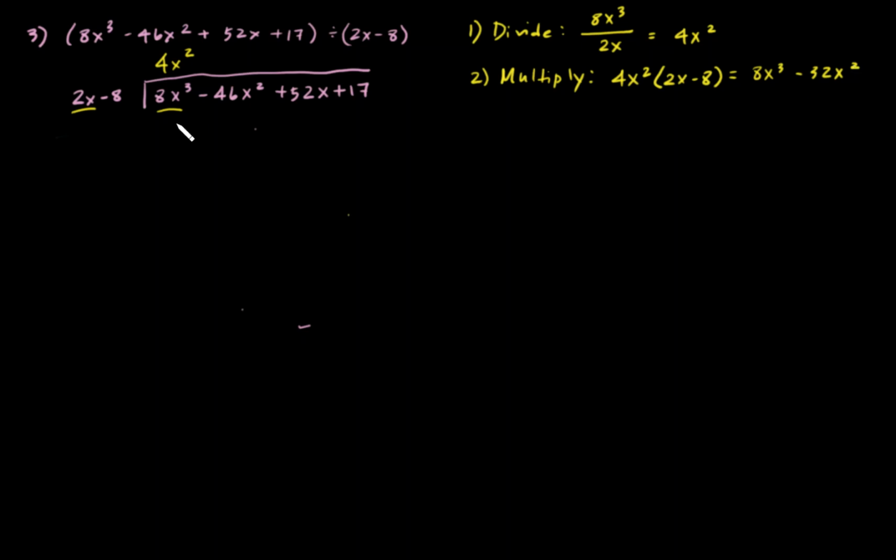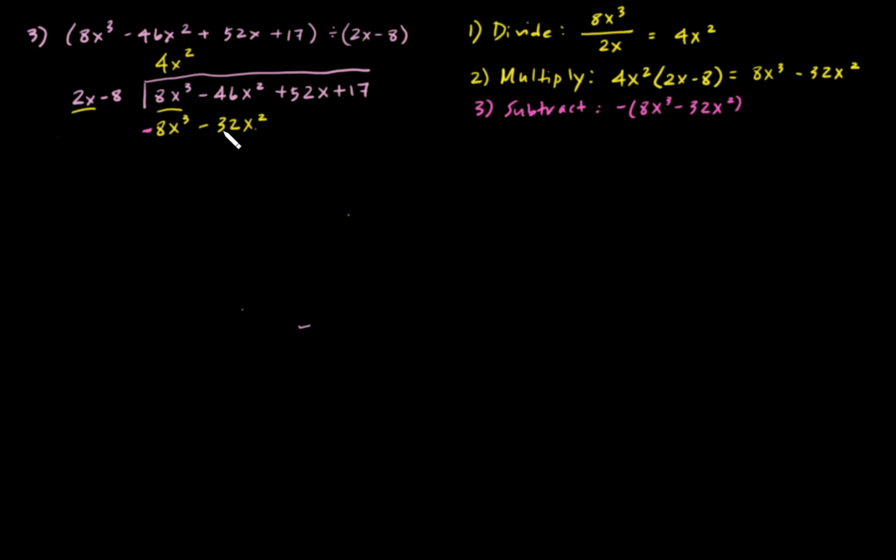Let's go ahead and write that. 8x cubed minus 32x squared. Number 3, we're going to subtract. We're going to subtract this second binomial from that first binomial, so we have to distribute that negative in.